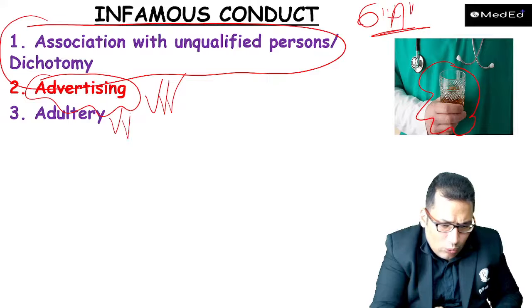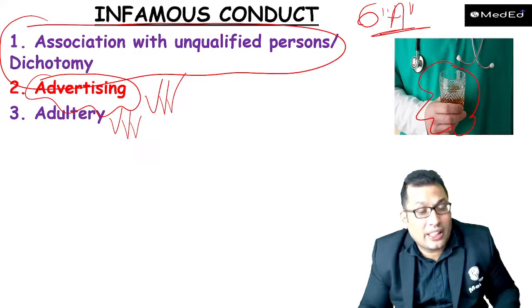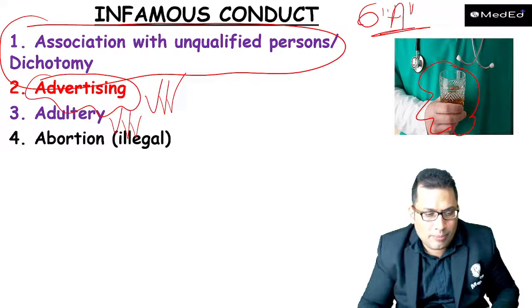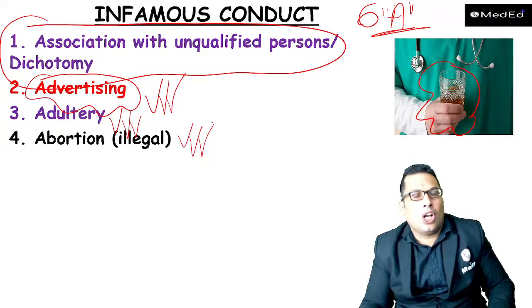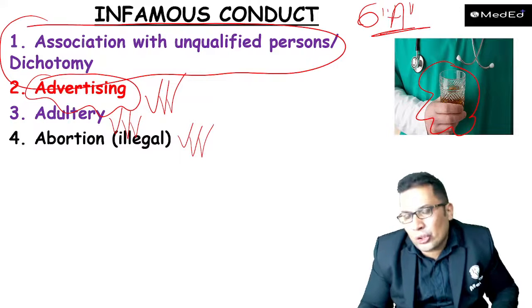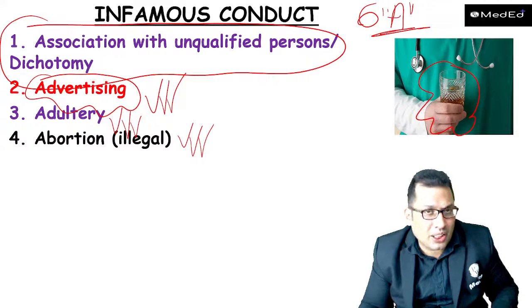Adultery: when a doctor is involved in sexual affairs with a patient, it can be infamous conduct. Abortion: a doctor involved in therapeutic abortion without any indications can be infamous conduct.